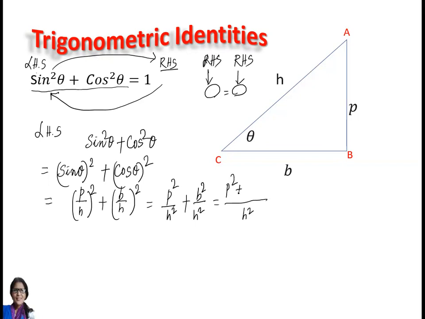P square plus b square. Next, recall the formula p square plus b square, the Pythagoras theorem. What will it be? H square. This you have to remember, otherwise you cannot do it. So this will be h square by h square. How much are you getting? You are getting 1. So this is your RHS. So it is proved.